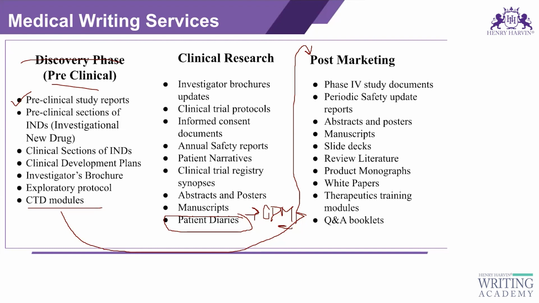that is once in a year, where you have to write about the marketing experience of the drug and all other information about the drug, and specifically you have to write the analysis of the benefits and risks of the drug.